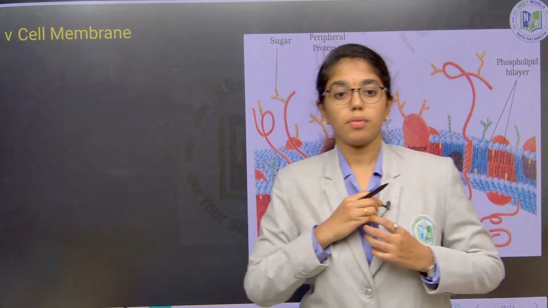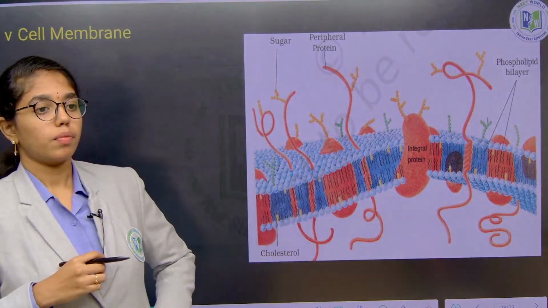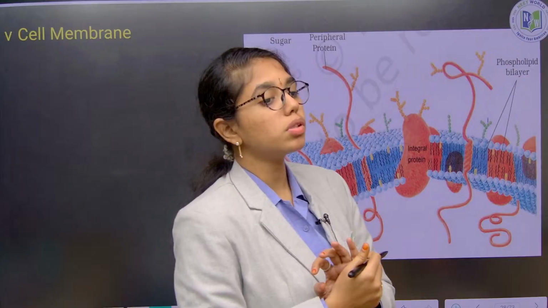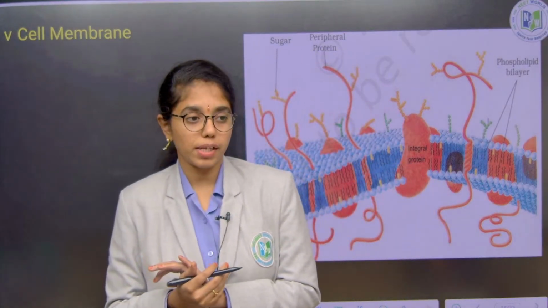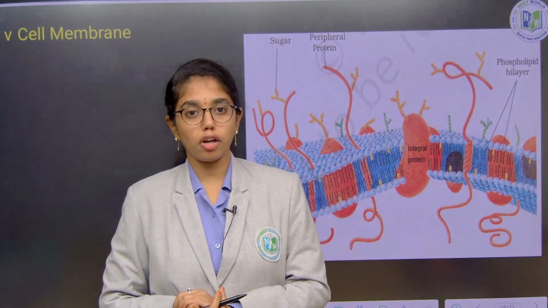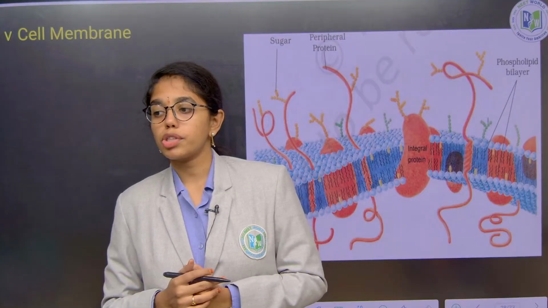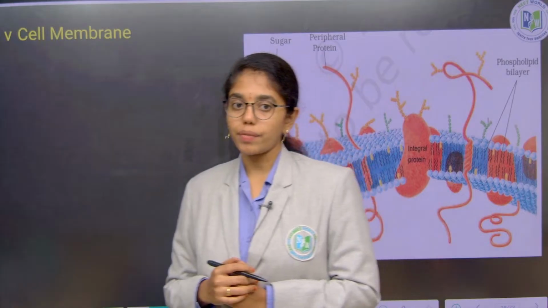So, yes, what are the sites of ribosomes? Ribosomes are attached to plasma membrane and few of them are present in the cytoplasm. Those ribosomes attached to plasma membrane will help in the translocation of proteins, and those ribosomes which are present in the cytoplasm will help in protein synthesis. This is what we have learnt.